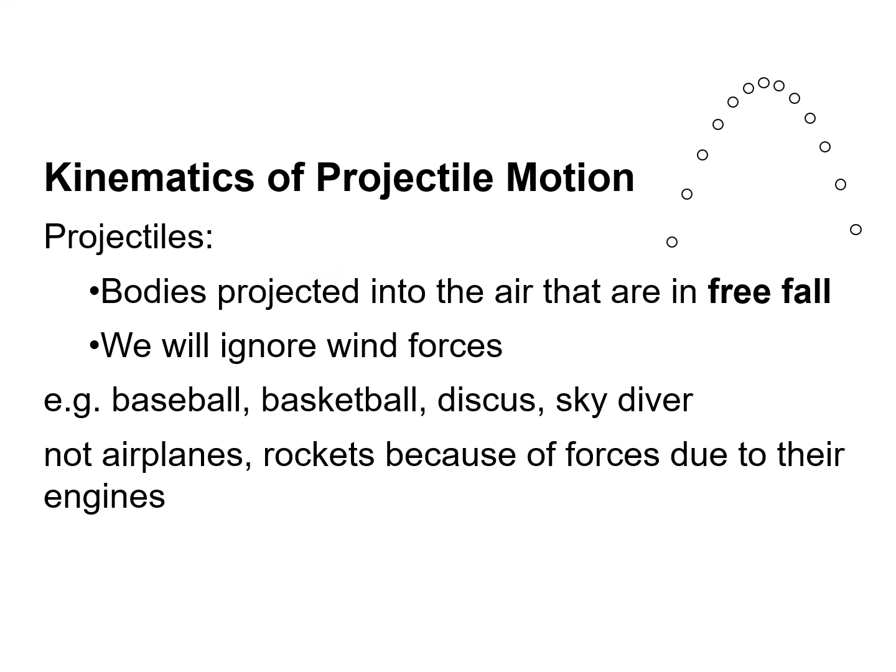We don't care about friction and everything like that. Good examples of this are throwing a baseball, passing a basketball, throwing a disc, a skydiver jumping out of a perfectly good airplane. Airplanes and rockets are not projectiles because of forces due to their engines.